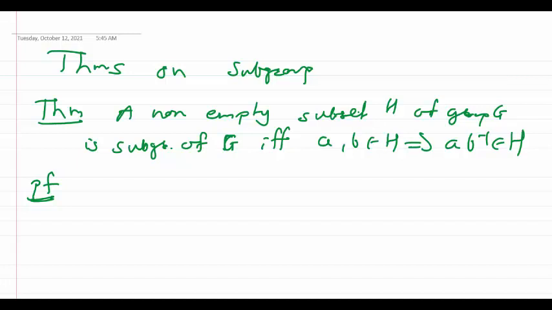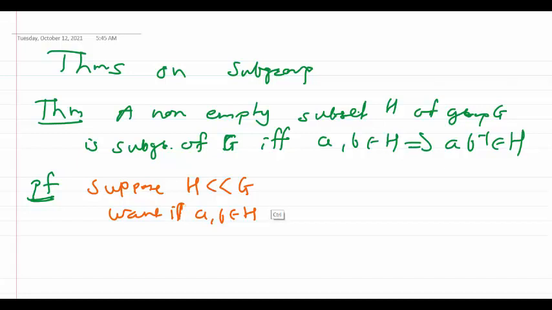So suppose H is a subgroup of G. We want: a, b belongs to H, for any a and b, then we want a b inverse belongs to H. So how can we prove it?